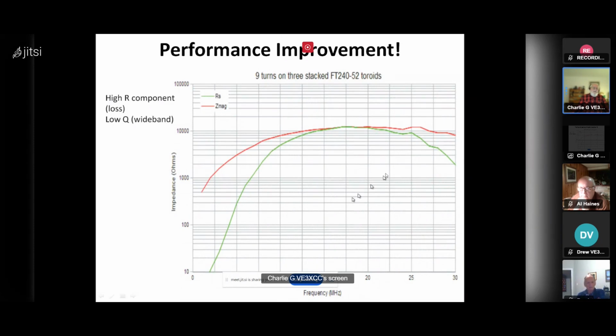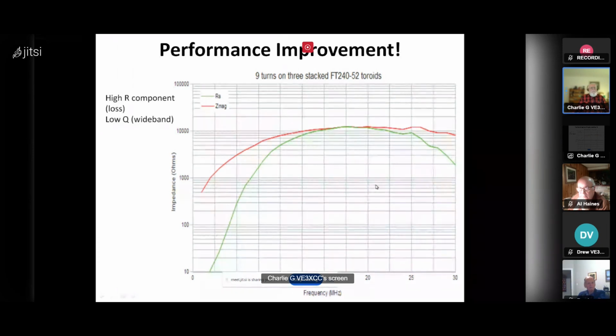What you can see here is that for our 50 ohm coax, we want to get to 10 times that, so 500 ohms, that's this line here. So you can see that in terms of frequency, we've got 500 ohms at 80 meters for sure. And even at 160 meters, we've got a reasonable amount of impedance with, in this particular case, 9 turns on the 3 stacked FT240-52 toroids.